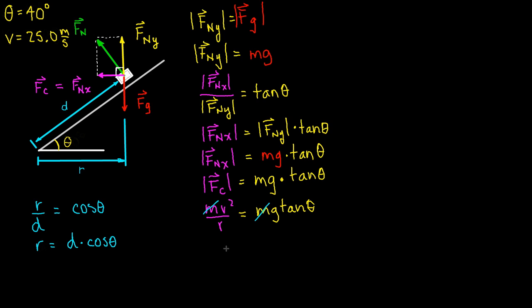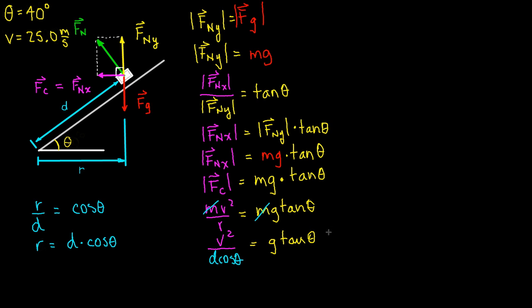Well, substituting that into my expression, I have v squared over d cos theta is equal to g tan theta.